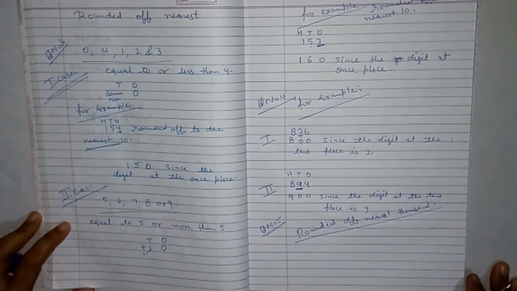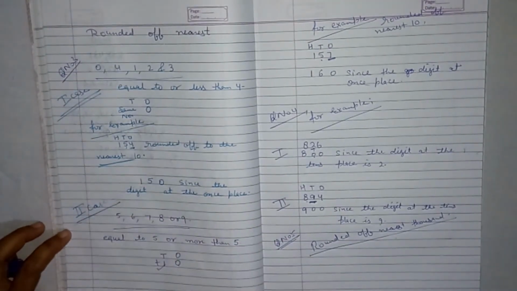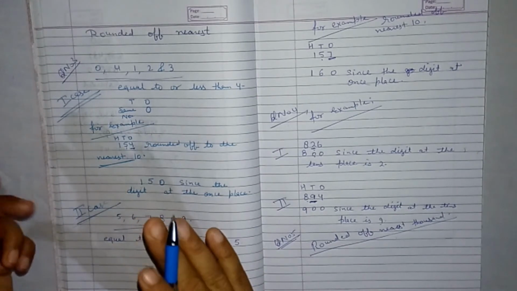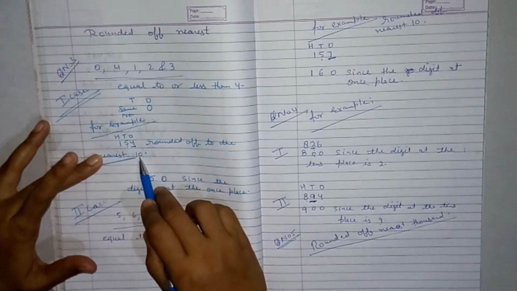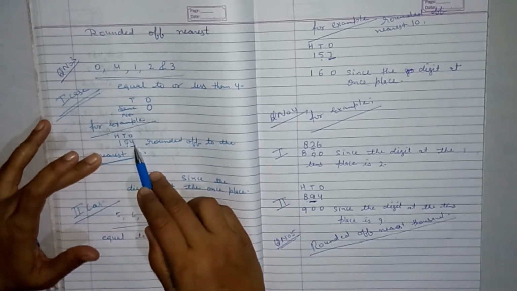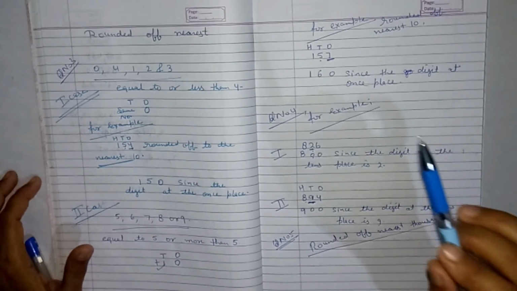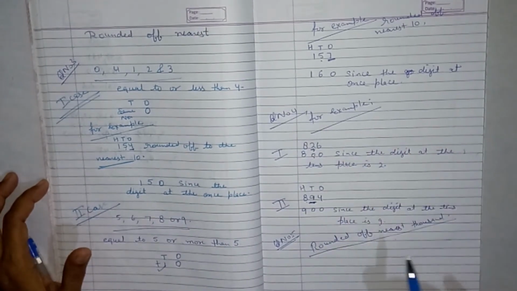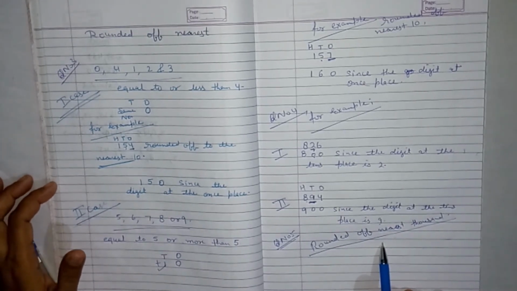In this case, the same pattern is followed, case 1 and case 2, but we will consider the hundreds place here. When we round off to the nearest 10, we observe the ones place. When we round off to the nearest 100, we observe the tens place. And when we round off to the nearest 1000, we observe the hundreds place.